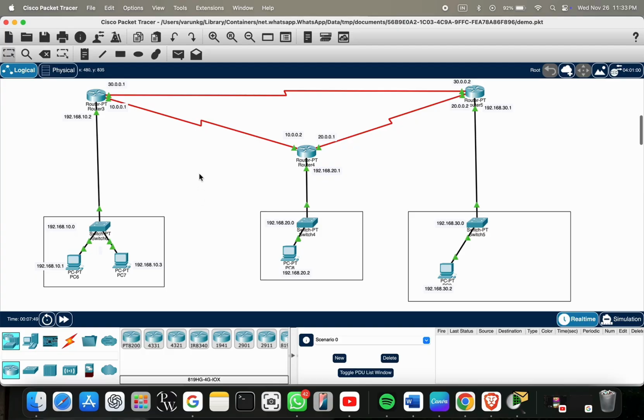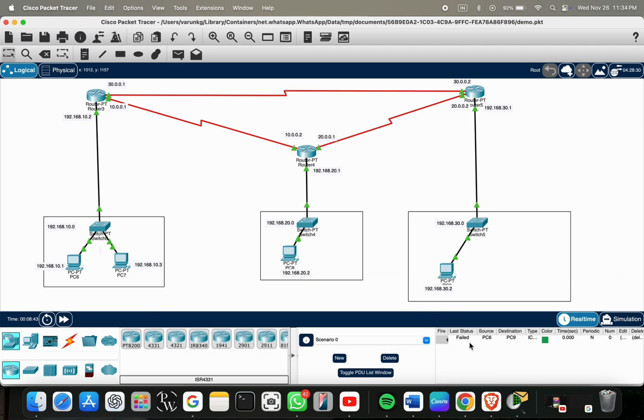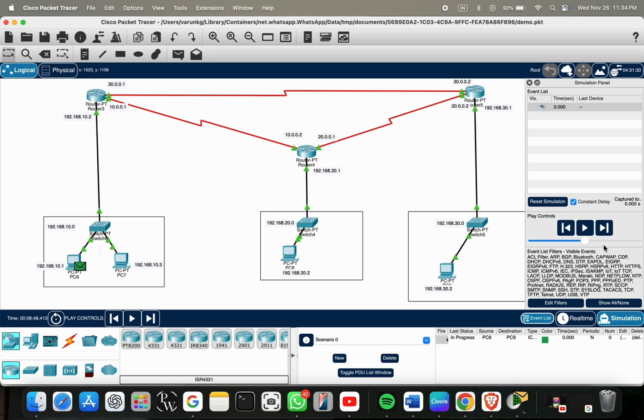Now let us start the simulation. I am taking a message packet here. From PC1 I am sending the message to PC4. See, it failed because at first it doesn't know the router. You can see that in the simulation also.